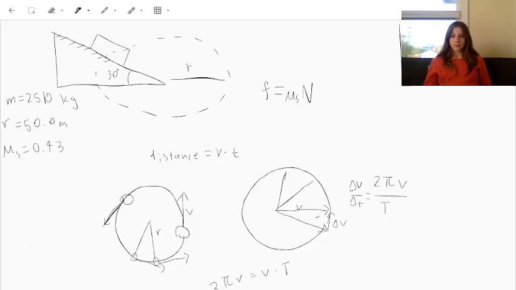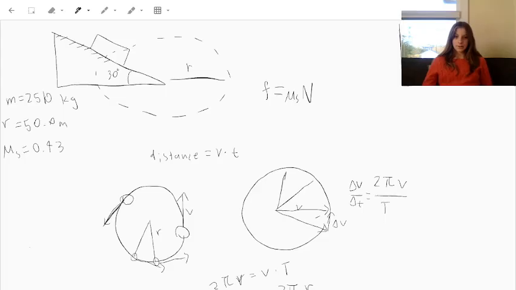Sorry, this is supposed to be an r that looks a lot like a v. Don't want to confuse it with this one. If we divide both sides by v, that means t is equal to 2 pi r over v. So we substitute this t here for this t, since we know t is equal to this.